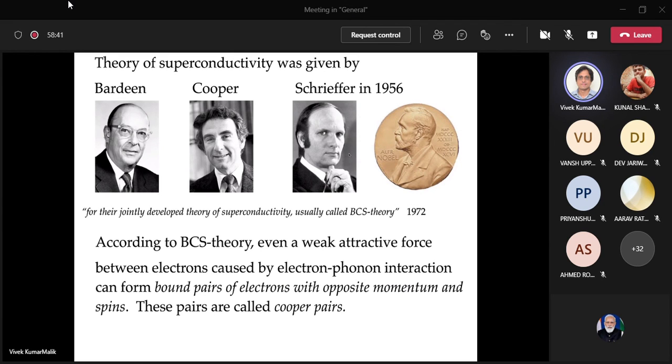These two electrons, the first which causes the deformation of the lattice and the second electron, can get bound by this deformation of the lattice, which causes the phonon. This is called electron-phonon interaction. So the two electrons are bound via this interaction, and they can move in phase with each other.